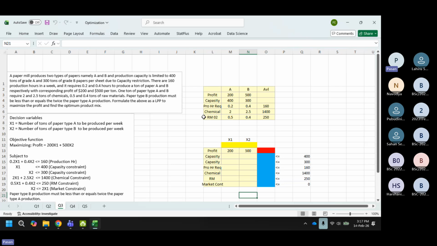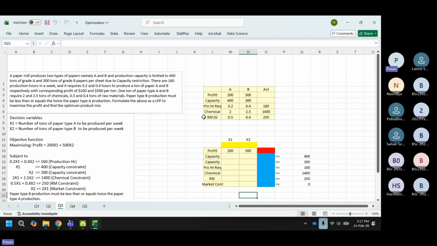They are producing two types of papers, named A and B, something like 80 GSM and 70 GSM or something like that. So they are looking at two types of production, and then the production capacity.